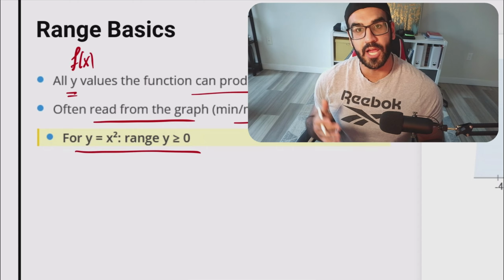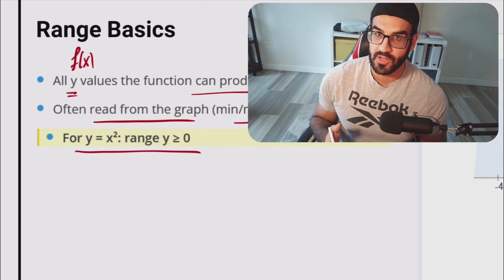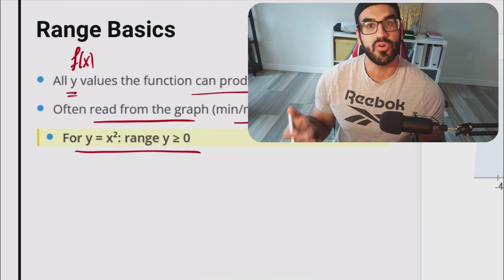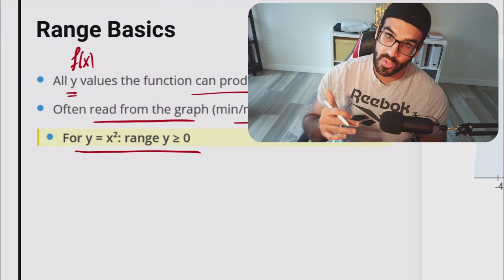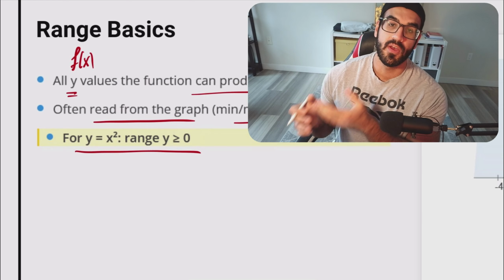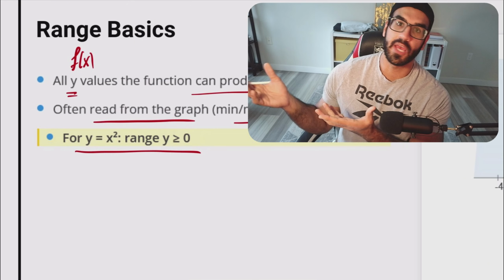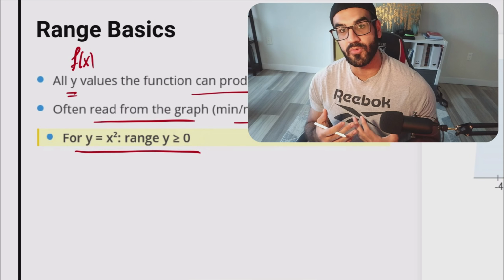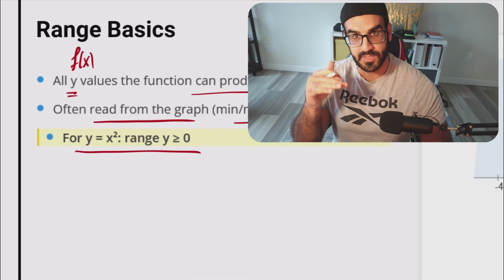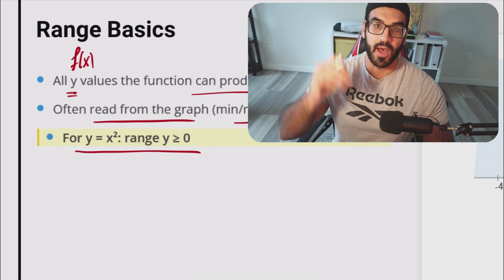But for my y, I know for a fact that if I have a number and I multiply it by itself, or if I use the power of 2, that number is for sure going to be positive or 0. So based on all of the knowledge that I have about the x, which is going to be any number, the output, or my range, or my y, or my f of x, can only be numbers from 0 included to the top.